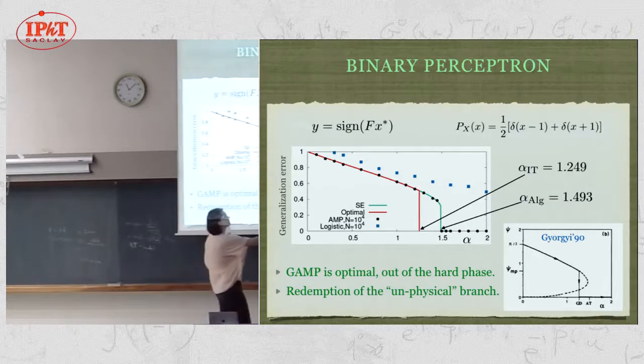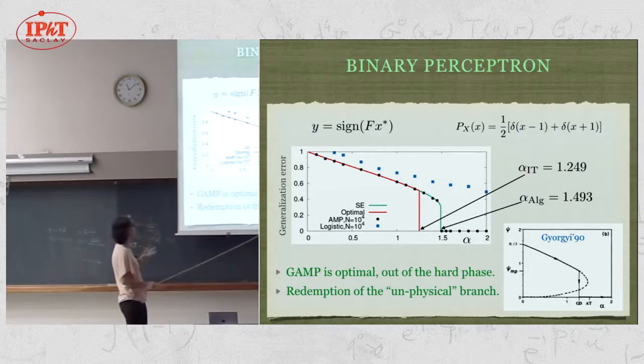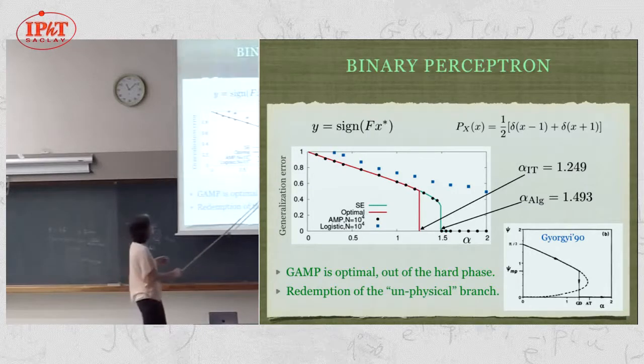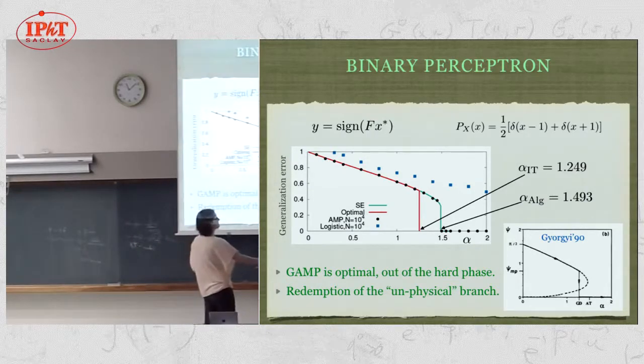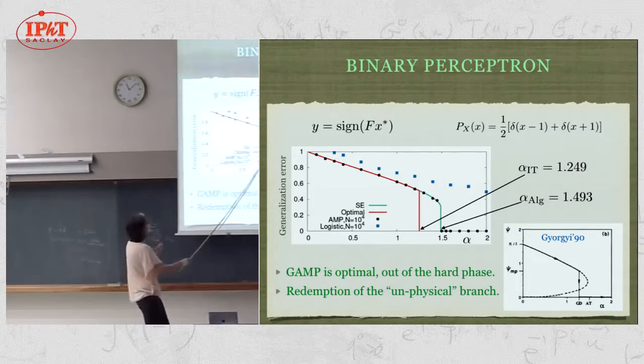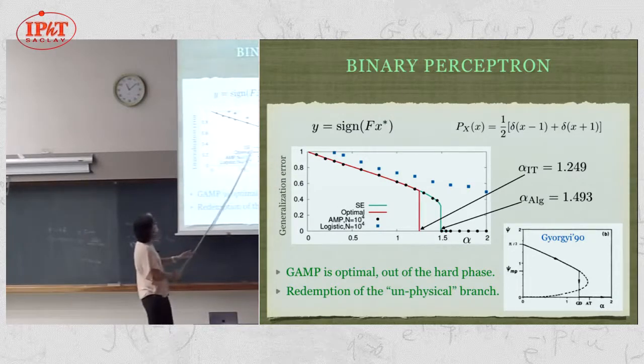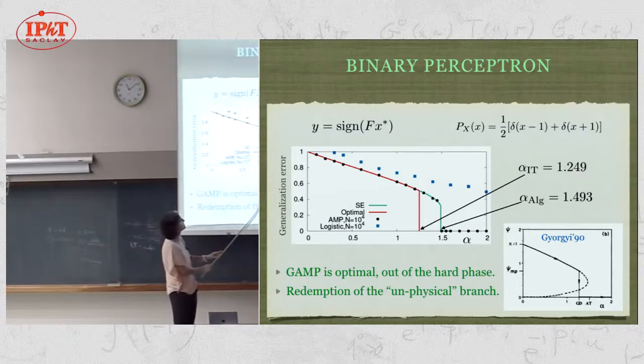He had like 5 here instead of 9, but okay, this is a double integral, so at that time it was maybe not so easy to compute it up to 4 digits. But then this branch that he called unphysical, it's not unphysical, it actually gives us the behavior of the algorithm. So that's the green line. That's the unphysical branch cut when it jumps to 0.